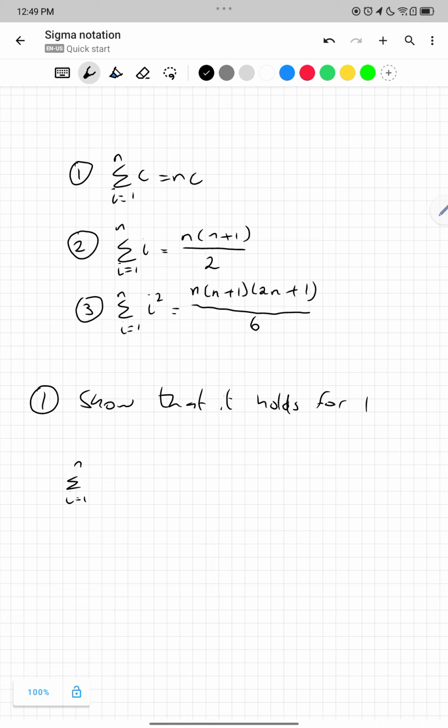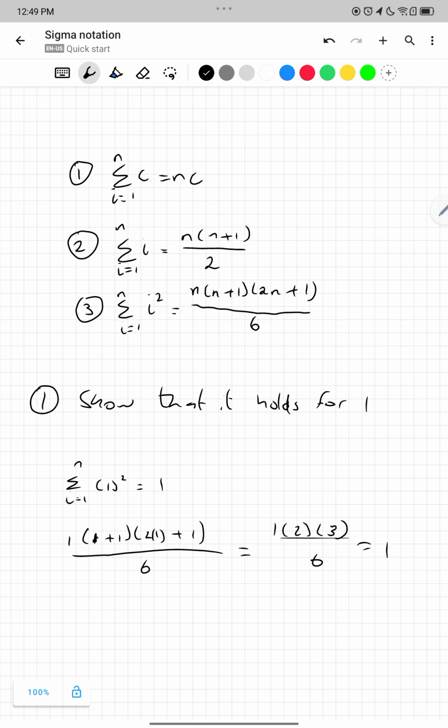I goes to 1, and then 1 squared is equal to 1. And then we're going to have 1 times (1 plus 1)(2 times 1 plus 1) over 6, which is 1 times 2 times 3 over 6, which is 1.